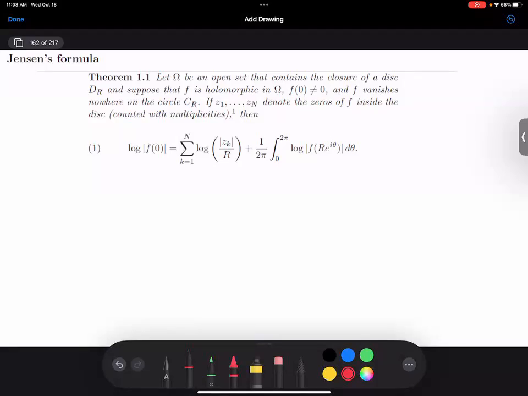If the first derivative is bounded, what do you know about the function? It's got to be something of the form az plus b. It's got to be linear, right? If the second derivative is bounded, then it's got to be a polynomial of degree 2. So all of a sudden, small bits of information become far more powerful.